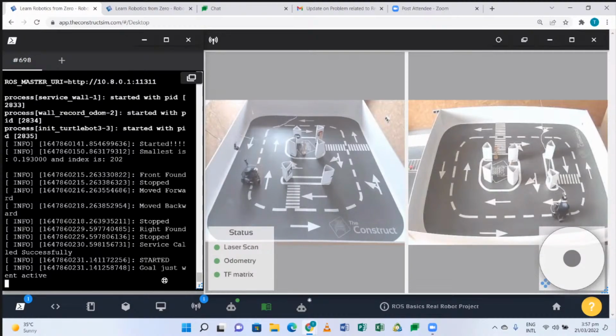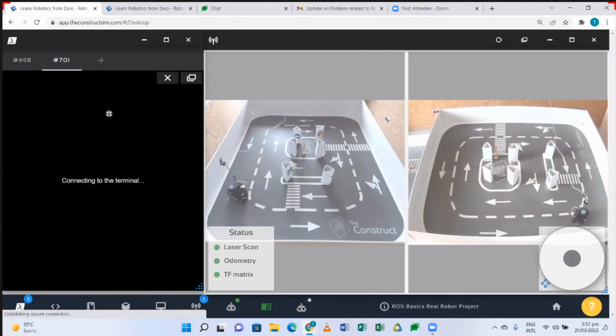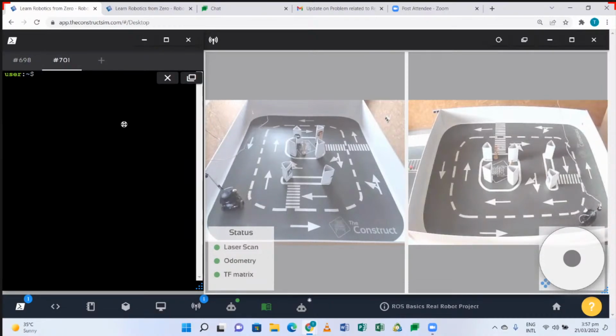Now it is recording the odom values, and it is giving the feedback. Here is the echoing of the feedback.